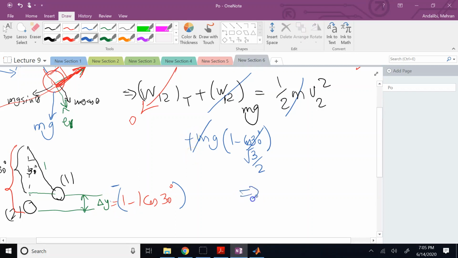And so if you calculate V2 again, it is going to be basically the square root of 2g times 1 minus square root 3 over 2, which gives you the exact same number as last time, right? It was 0.52, I guess, correct?